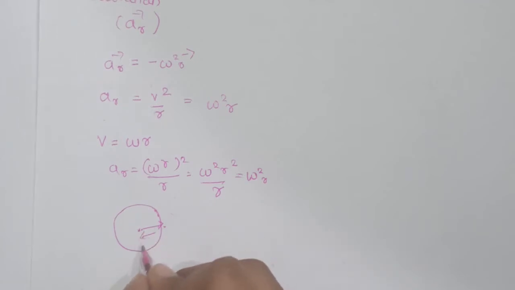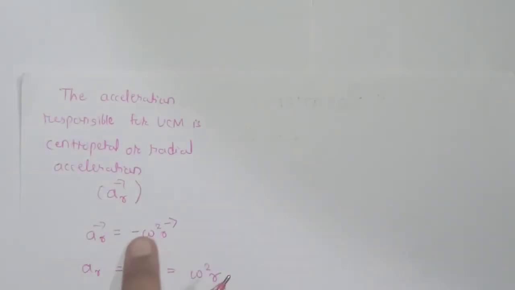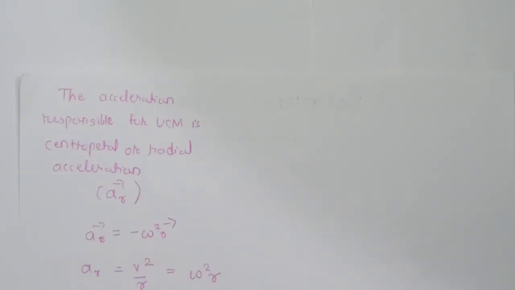It means the direction of centripetal acceleration will be opposite to the vector r. That's why the term here is negative, as it is opposite to the direction of position.